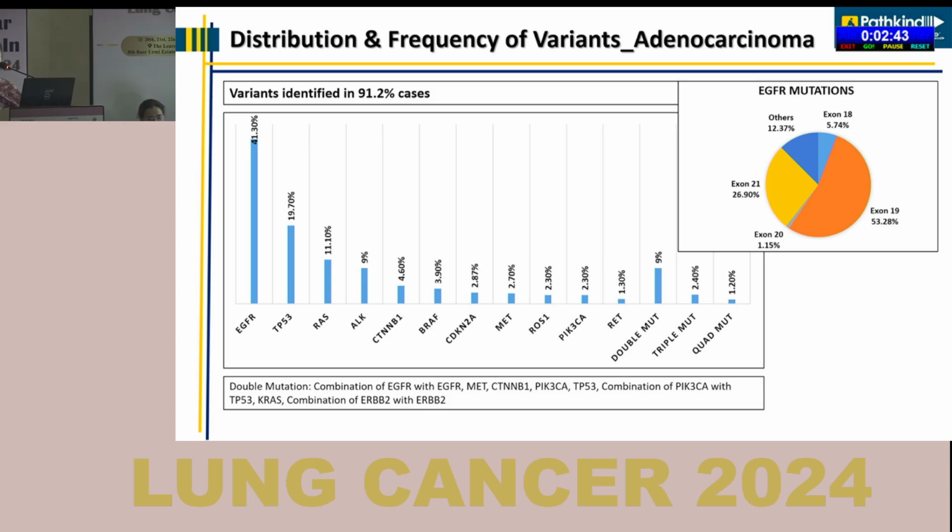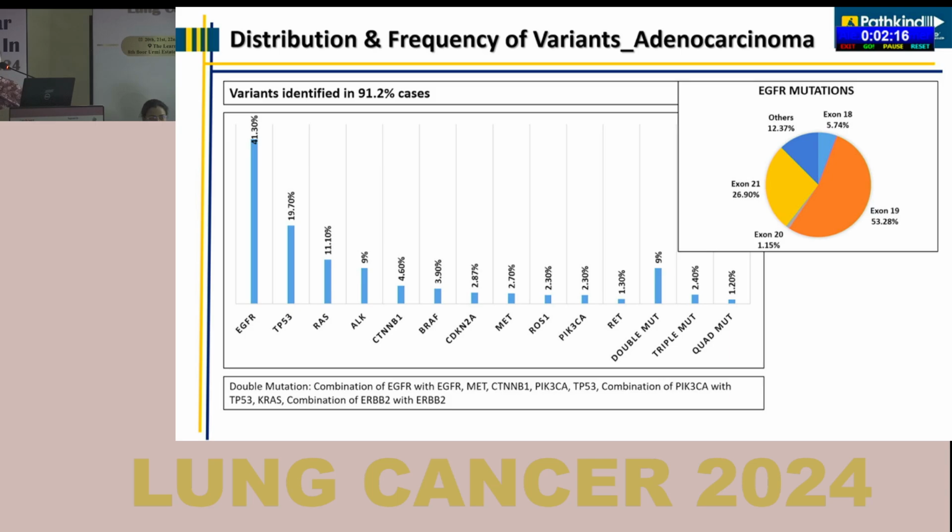There were 9% cases in which we saw double mutations. Most of these were combinations of two different kinds of EGFR mutations, or EGFR with MET, EGFR with CTNNB1, PIK3, TP53, and also combinations of PIK3 with KRAS, and combinations of ERBB2 with ERBB2.